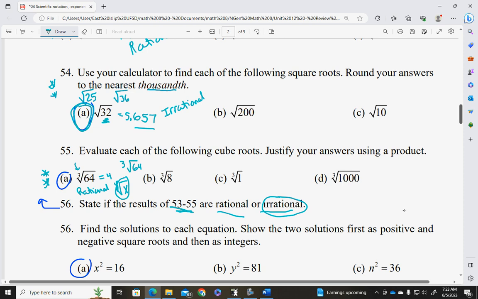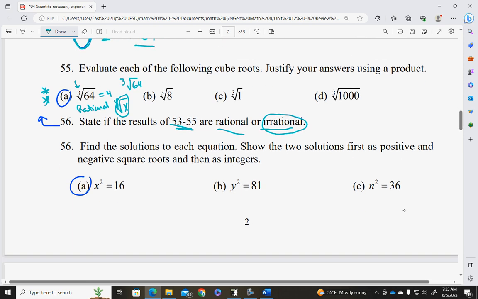Number 56 is super important to pay attention to. Definitely a multiple choice question. When it's written like this, they're asking what number to the second power gives 16. So many people just want to say that x is 4 because 4 times 4 is 16. But remember, x could also be negative 4 because negative 4 times negative 4 is positive 16 also.